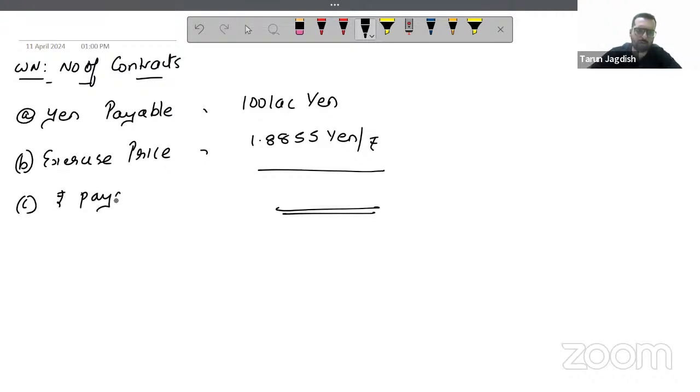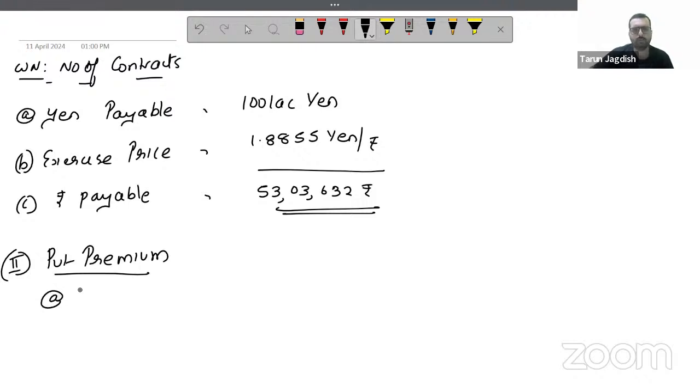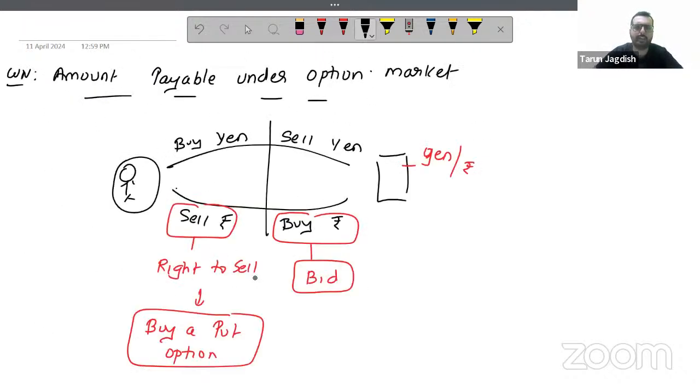So what will be the rupee payable over here? 100 lakh divided by 1.8855. 53 lakh 3,632 rupees. Now, along with this, Roman number 2, I have to find out the put premium also. Am I right? So first I will find out the premium that is supposed to be paid now. So what is the premium for put they have told over here, friends? 0.098 yen.